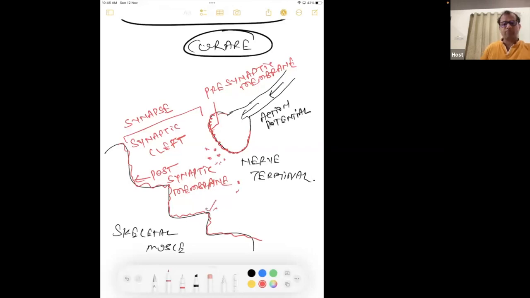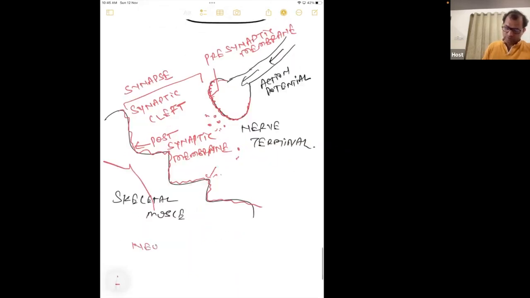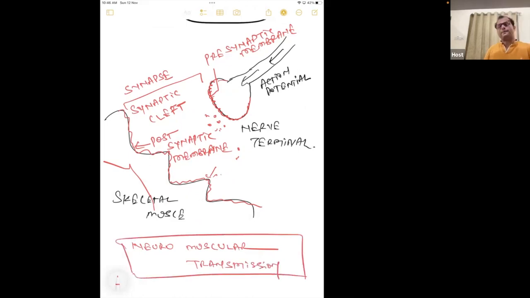Then it acts on the muscle layer, and then the movement is possible. This entire process is called neuromuscular transmission, meaning the transmission of the message between the nerve and the muscle.